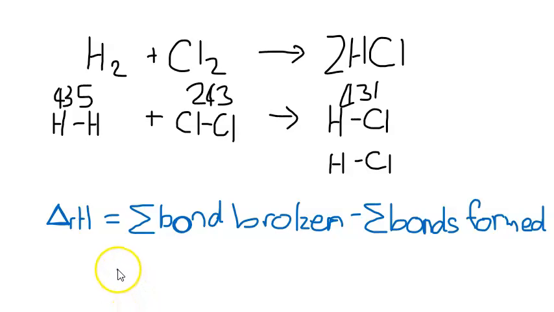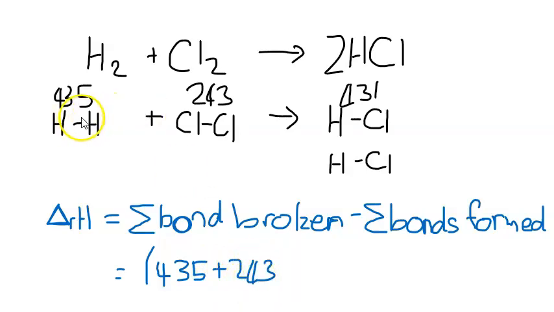So to calculate that, we go, I'll just put it in brackets, 435 plus 243. What's helpful for our working as we go through is to cross out all of the bonds to make sure that we include them all in our calculations. So that's 435, and there's only one hydrogen to hydrogen bond.